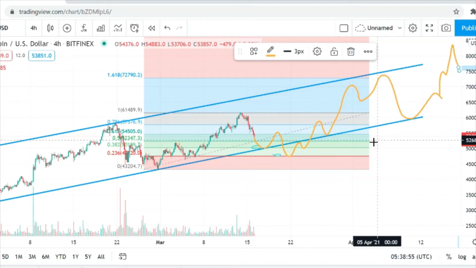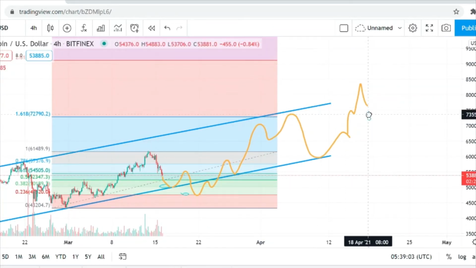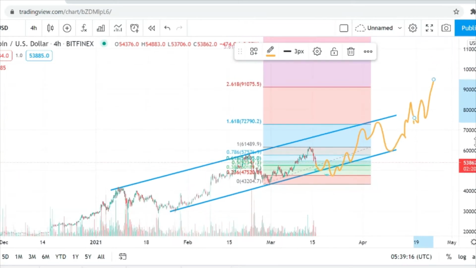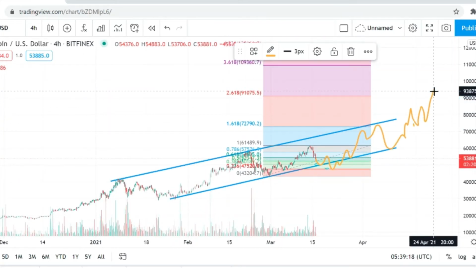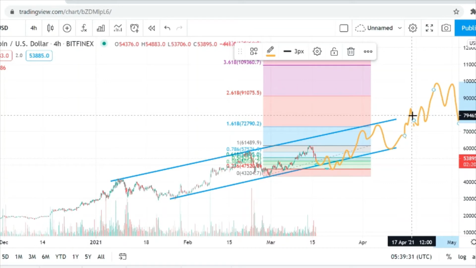At 1.62 in the Fibonacci series. So this can be a short-term high at the 77 region.